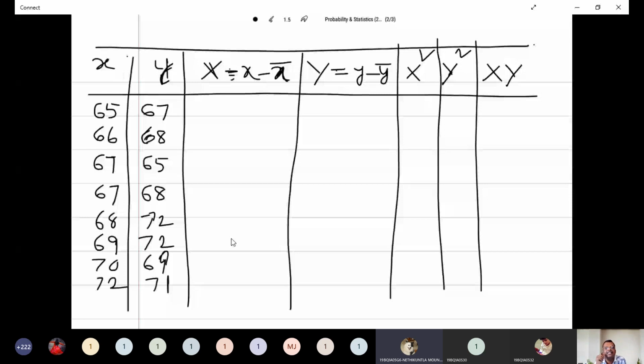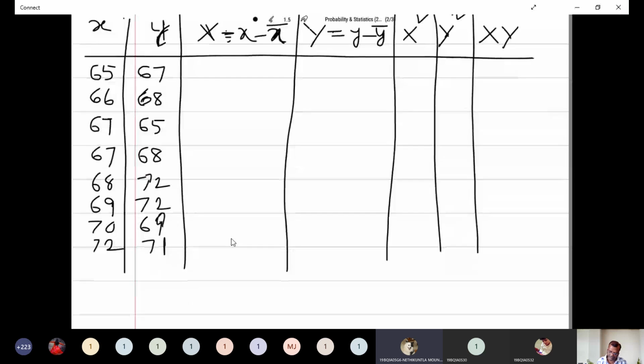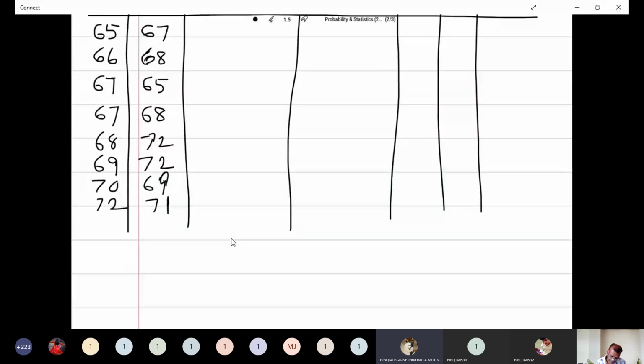the mean of X series and mean of Y series. Now we have to know the formula for mean of X series equal to summation Xi by N. Mean of Y series is equal to summation Yi by N. That we have to find out here. X bar is equal to summation Xi by N. Now what is the summation Xi? 544.